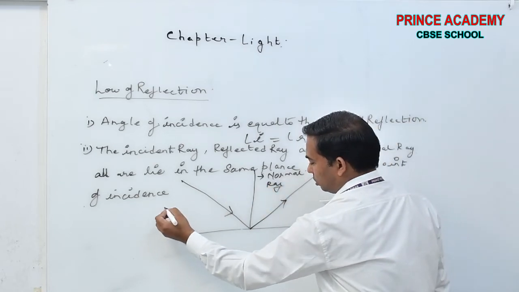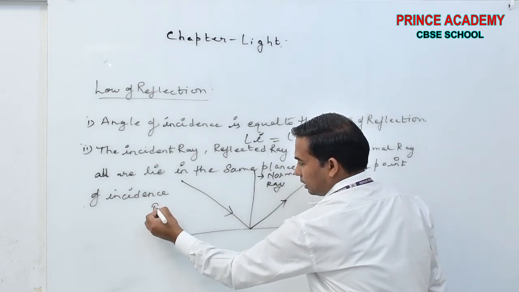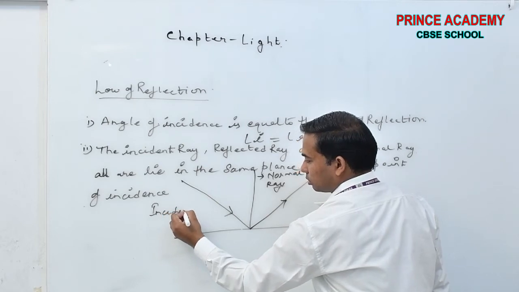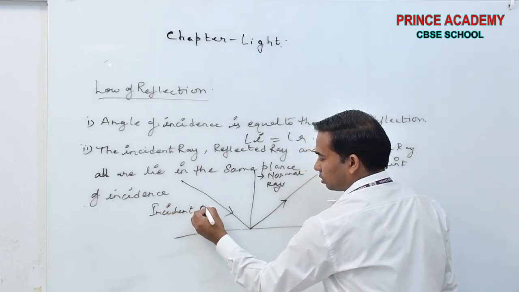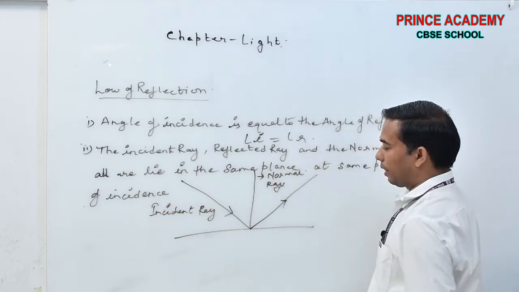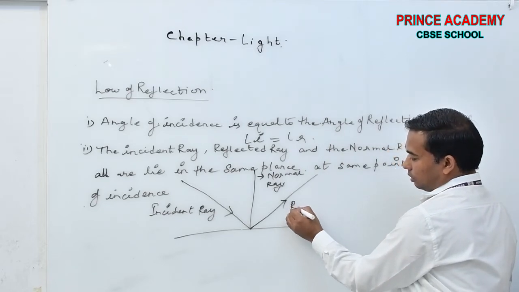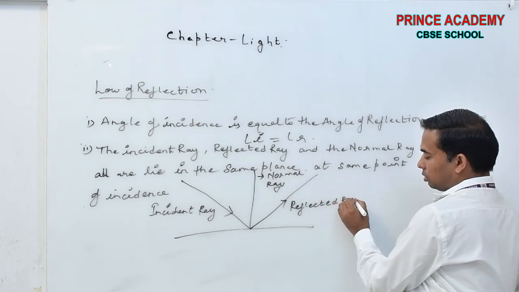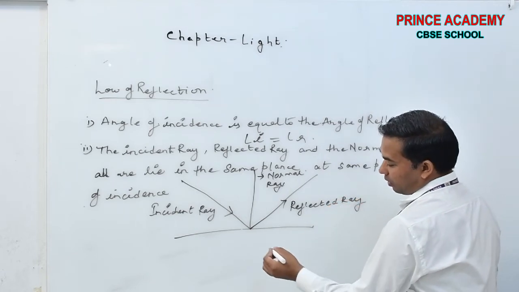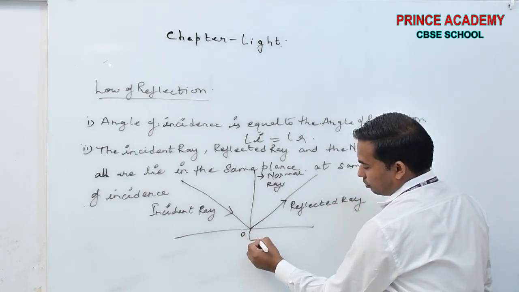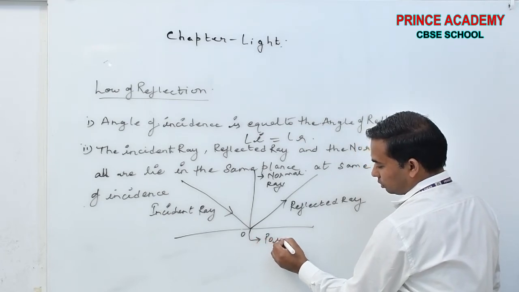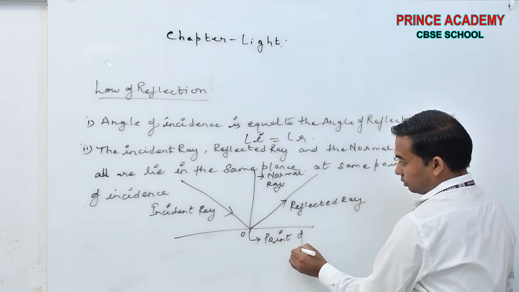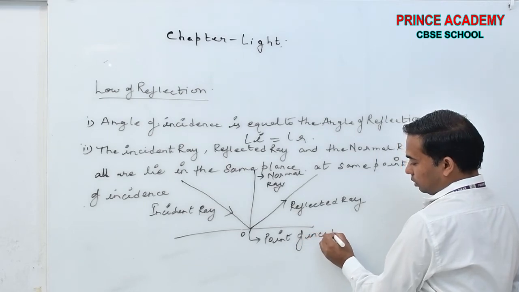This is called the incident ray, this is called the reflected ray, and this point is the point of incidence.